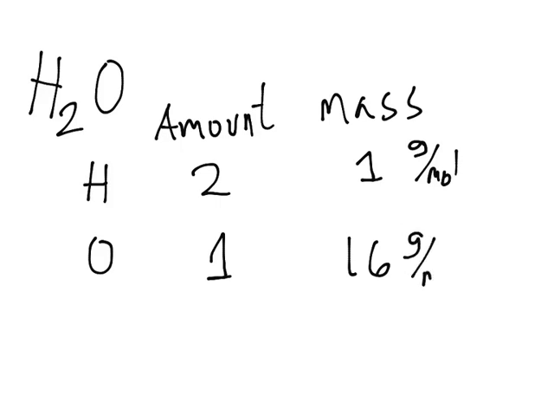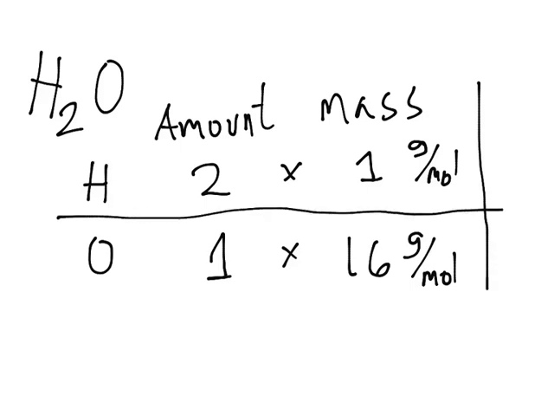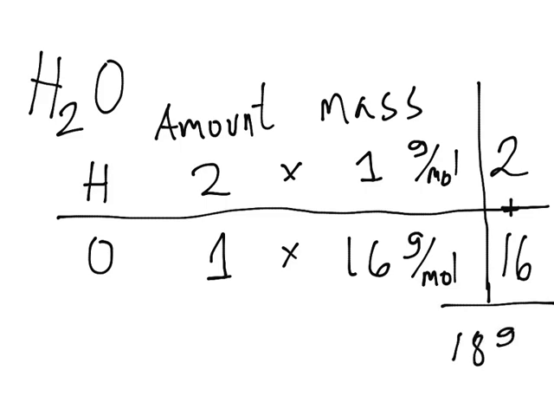To get the molar mass, you multiply these two columns. 2 times 1 is 2, and 1 times 16 is 16. Then you add this up, and you get 18 grams per mole, roughly. That is the molar mass of water.